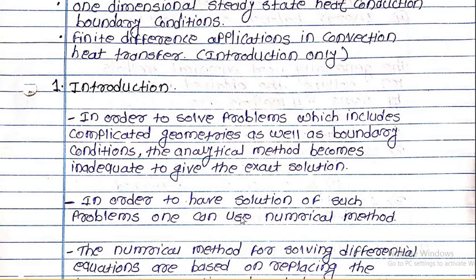If the boundary conditions are typical, then it is very difficult to solve the problem. So in order to solve problems which include complicated geometries as well as boundary conditions, the analytical method becomes inadequate to give the exact solution.